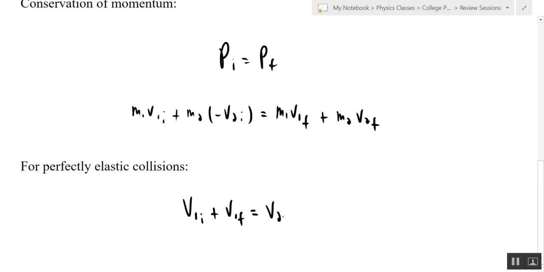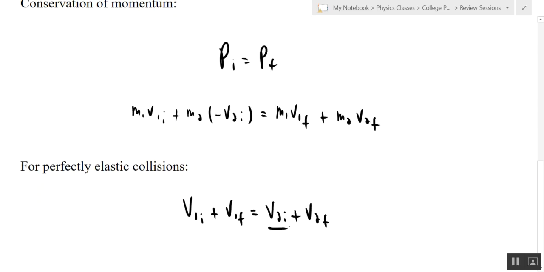This makes sure that kinetic energy is conserved. You don't lose any before and after for a perfectly elastic collision. So using this equation, what can we find? Keep in mind we know the final velocities. We also know V1I. We can find V2I. You can use this equation to find V2I. That's the only thing you don't know in that equation.